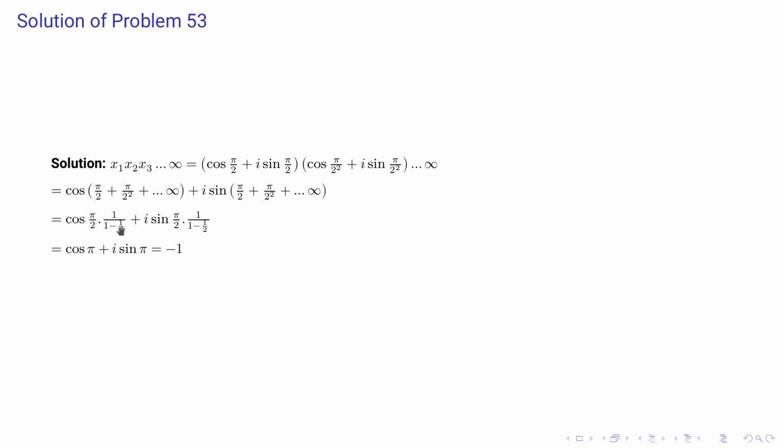From geometric progression, if you recall, if the first term is a and common ratio is r, where mod of r is less than 1, then sum of infinite terms is a by 1 minus r. So that's the formula we have used. So now it simply becomes cos pi plus i sin pi, which is equal to minus 1.